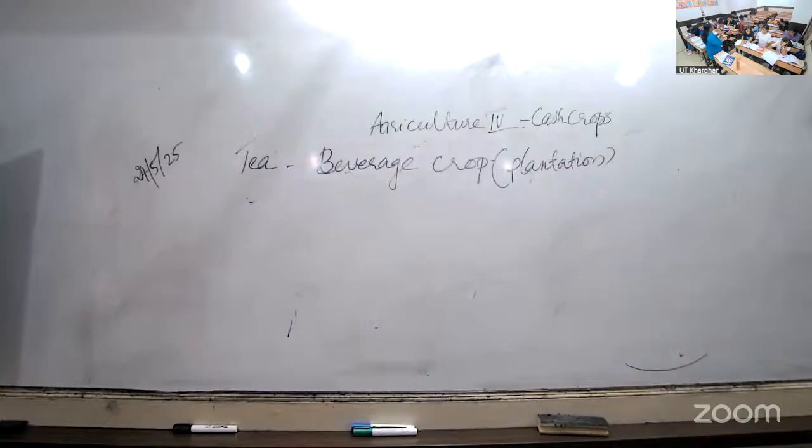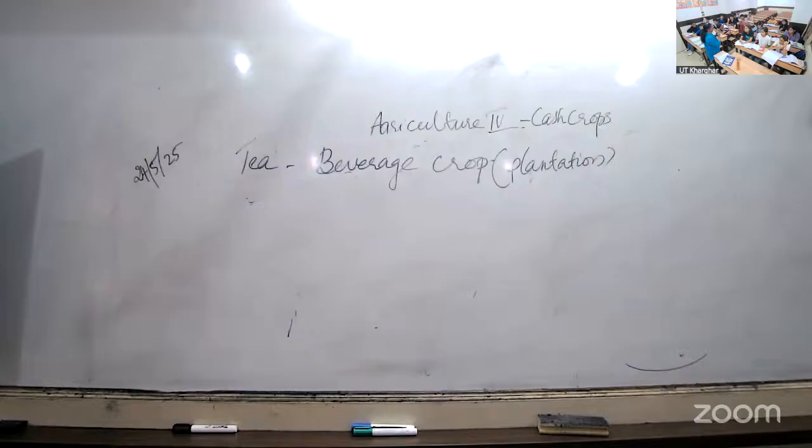First one is that India is the largest producer, consumer, and exporter of tea. Three things are there. What are those? Producer, consumer and exporter. The 21st of May was declared as International Tea Day.